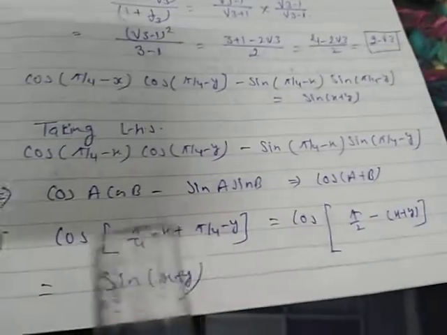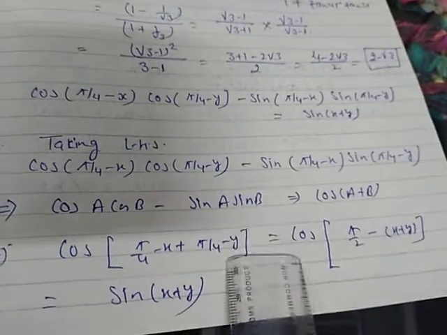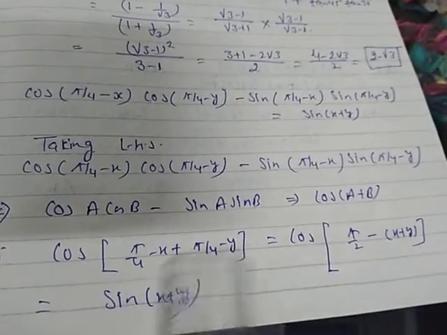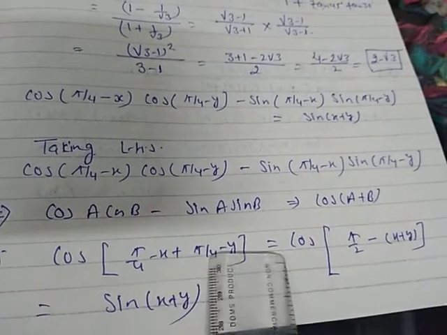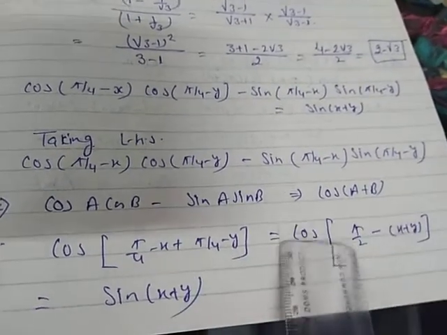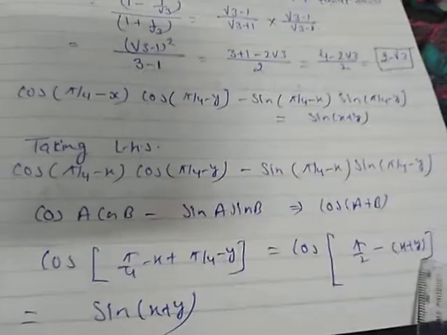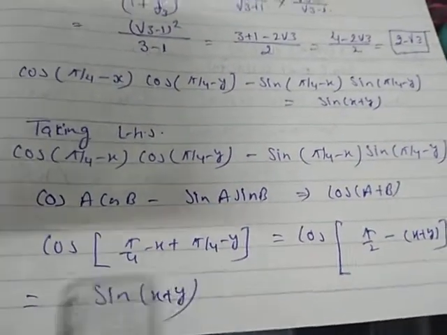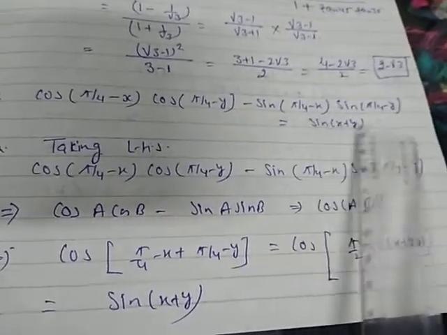Pi by 4 minus x, and pi by 4 minus y in place of B. So pi by 4 and pi by 4 is pi by 2 minus (x plus y), and cos(pi by 2 minus theta) is sin theta. That's why it is sin(x plus y), which is your RHS. Hence this is proved.